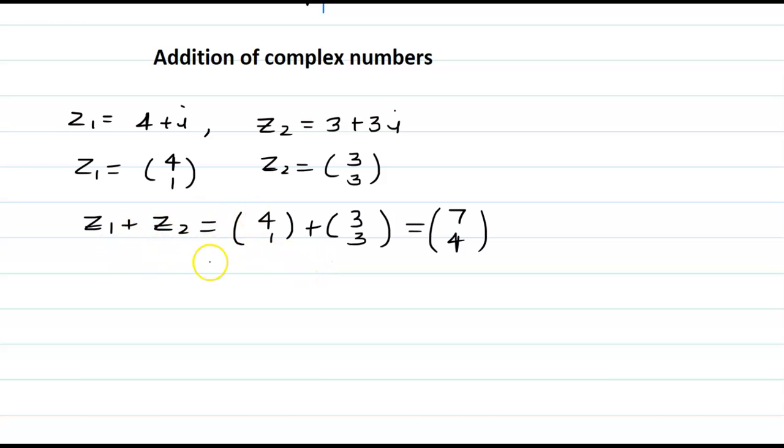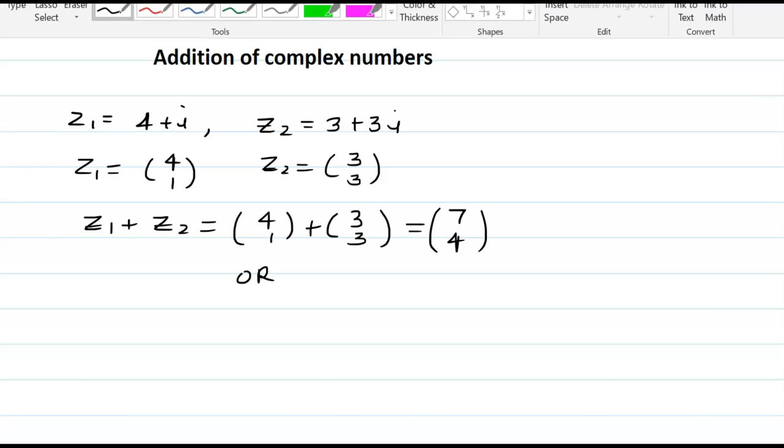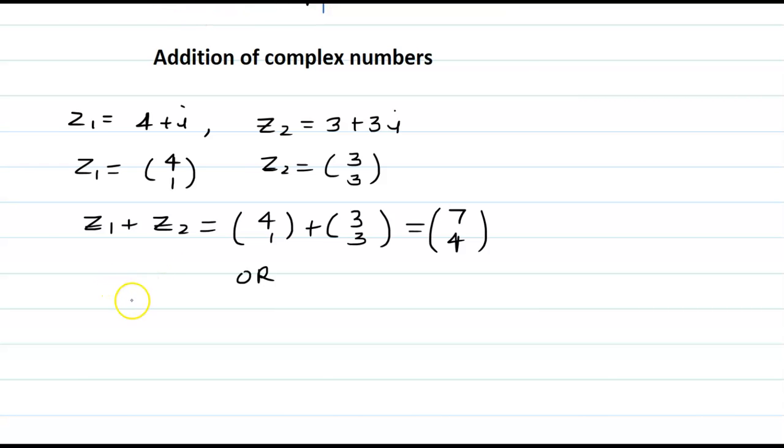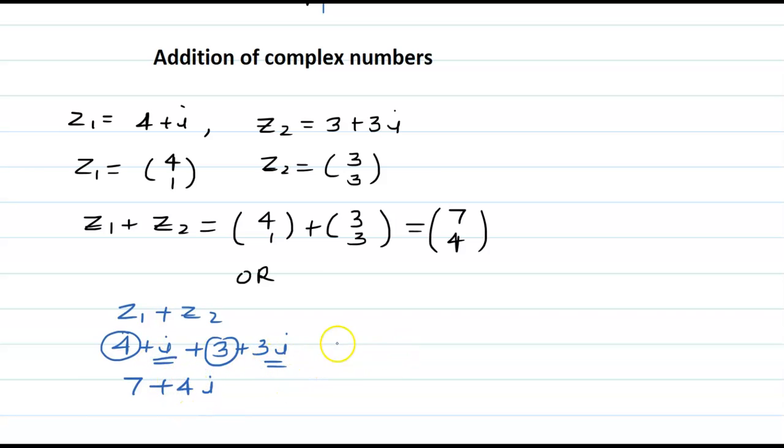Or you can follow it this way as well: z1 plus z2, z1 is 4 plus i and z2 is 3 plus 3i. Taking real part with real part, 4 plus 3 is 7, and i and 3i become 4i. It's up to you how you want to find it.